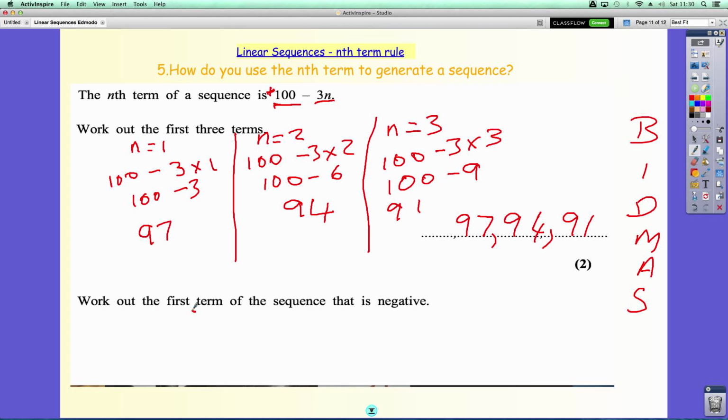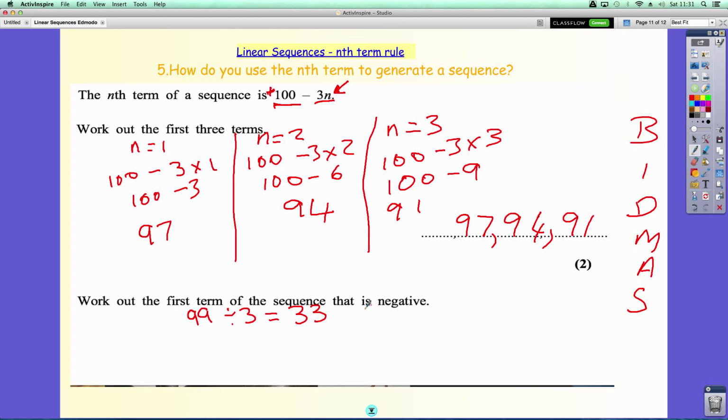And I know the closest thing to 100 that is in the 3 times tables is 99. So I can then say 99 divided by 3 is 33.